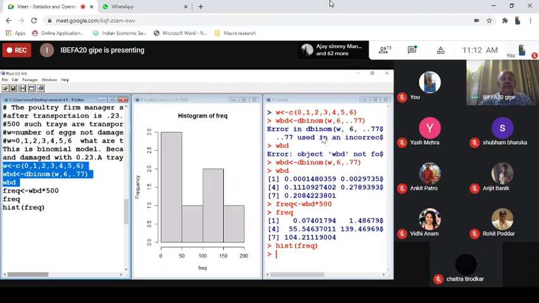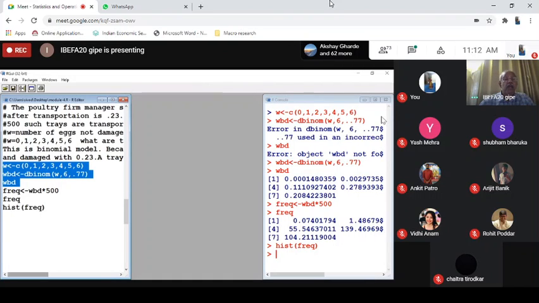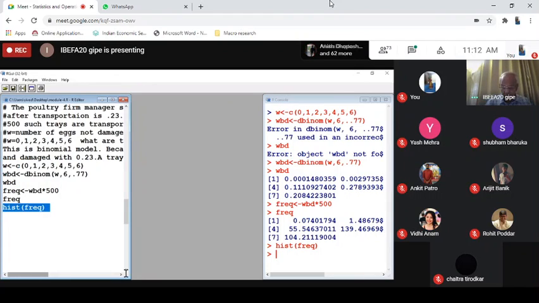Or instead of a histogram, you can have a better graph. Plot frequency on the y-axis and W on the x-axis.